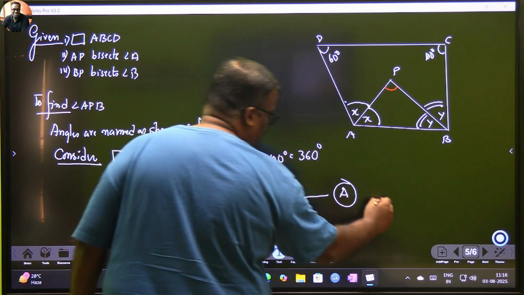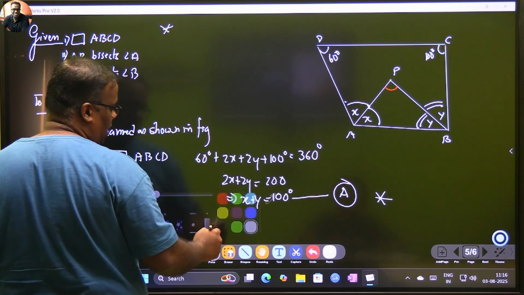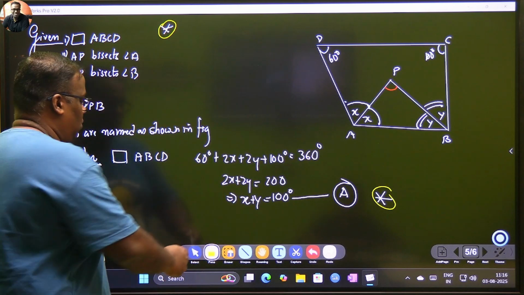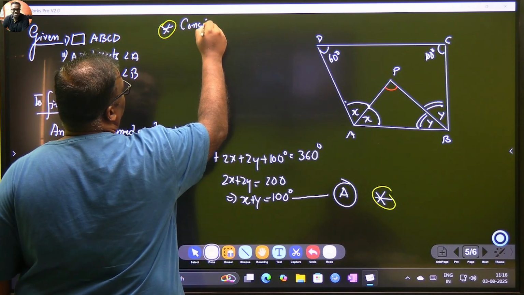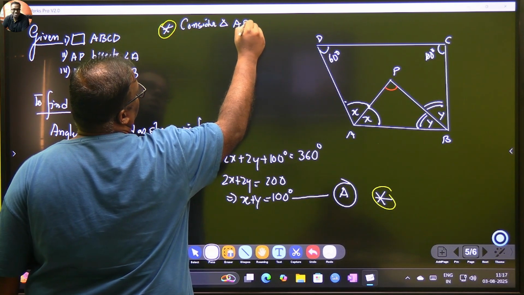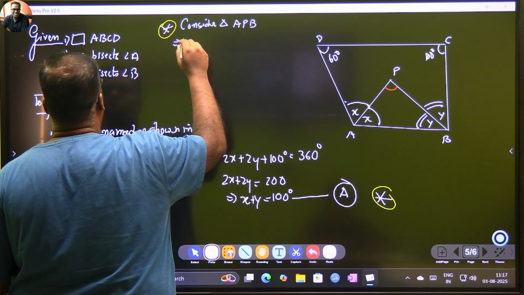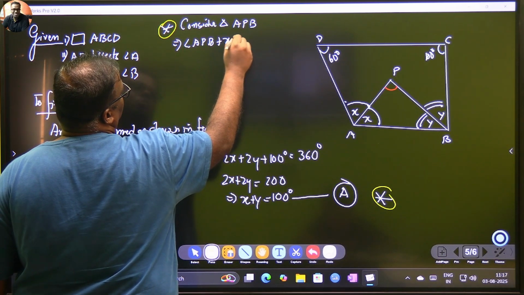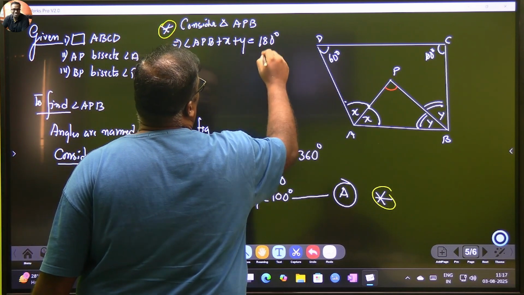Okay, from here, beta, since my page area is limited, I'm moving here. I hope you don't jumble that up. I've moved from here to here. Next step, okay? And next what I do, I consider triangle APB. Now can I write here whatever is to be found out? Angle APB plus x plus y is equal to how much? 180. What do we write here?